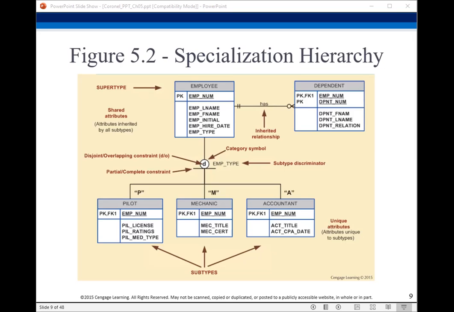So in this case, we have a one-to-one relationship between an employee supertype and its subtypes. For example, a pilot subtype occurrence is related to one instance of an employee supertype, and likewise a mechanic subtype is related to one instance of an employee supertype.